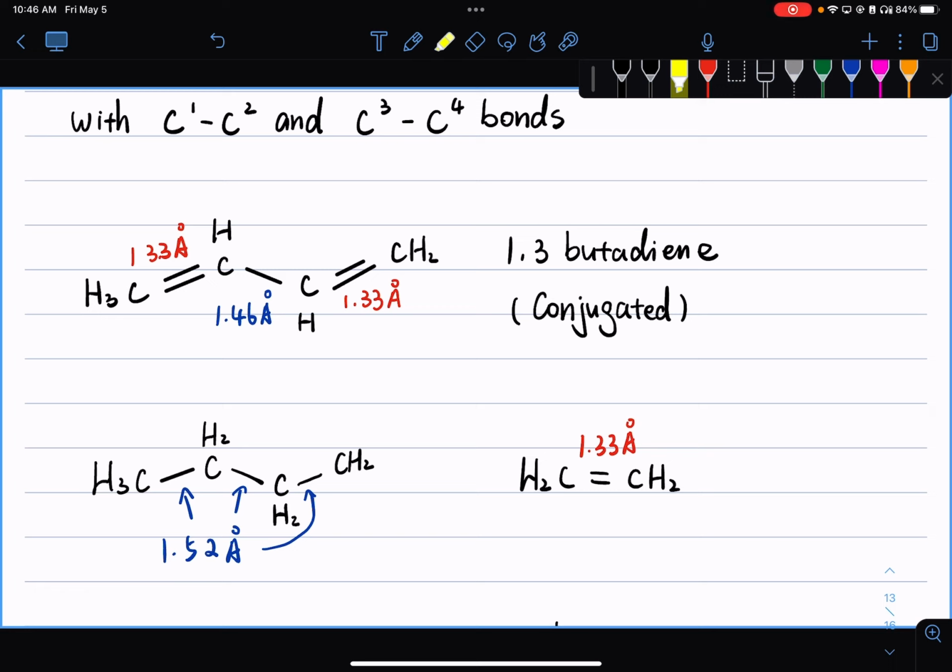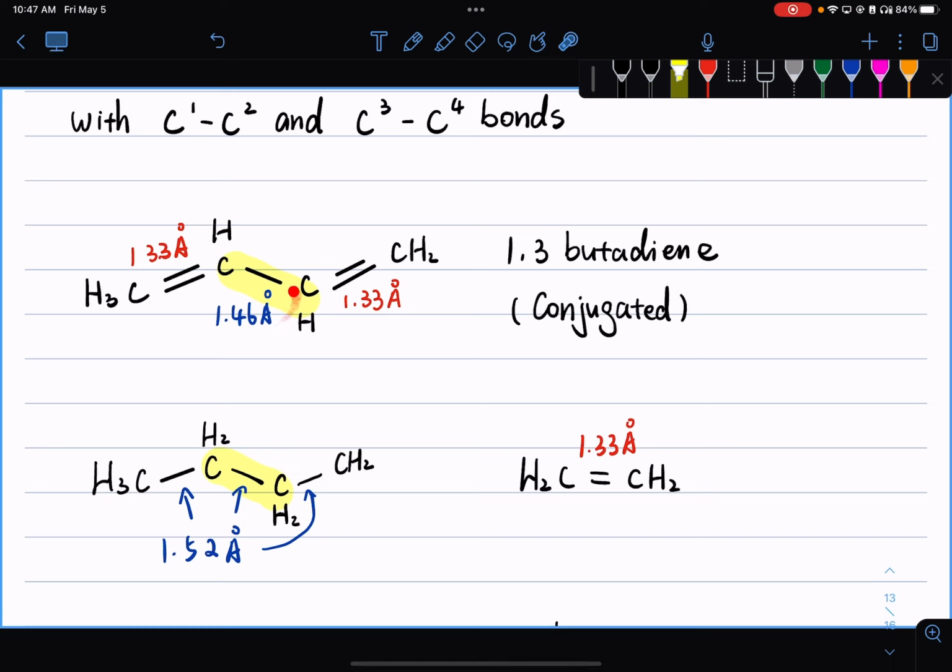But if we're looking at the chemical bond between my C2 and C3 here, in comparison with a pure single bond in just butane, we can see this single bond is considerably shorter compared to a normal single bond that's not in a conjugated diene.